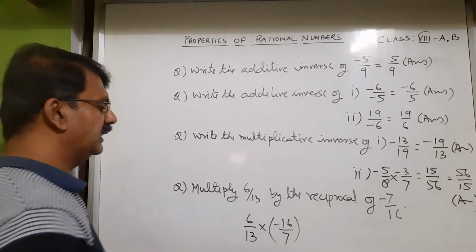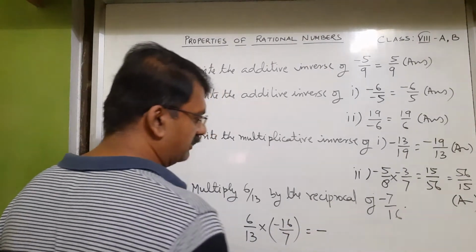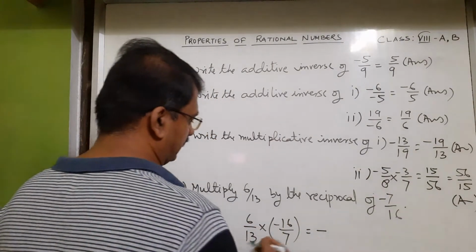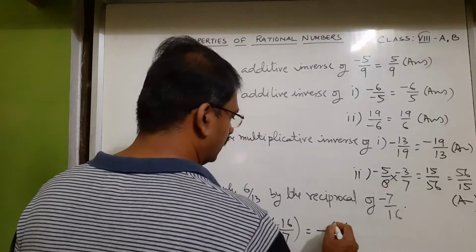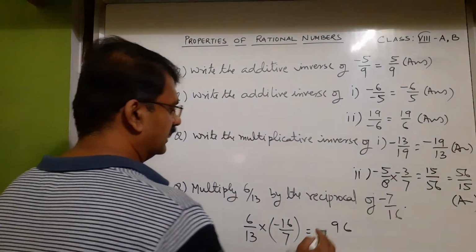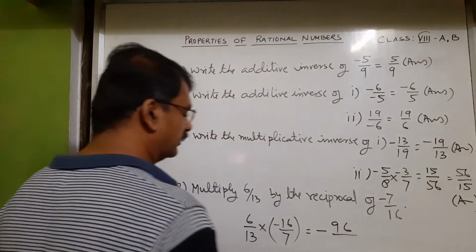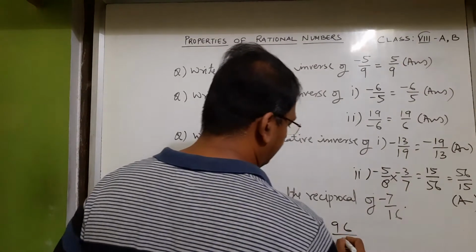Now you multiply, minus, definitely minus will be there. 16 into 6, 96, and 13 into 7, 91.